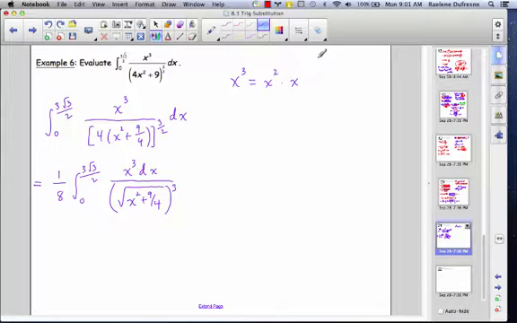So maybe a regular substitution would work, but maybe we have to use trig substitution. I'm going to leave you to think about this for a few moments.